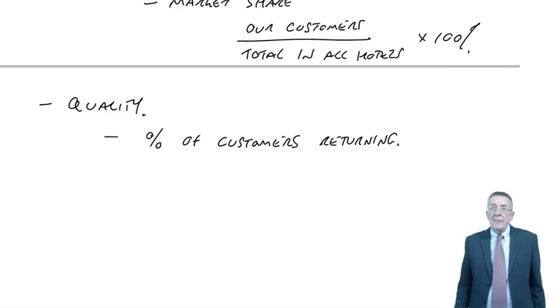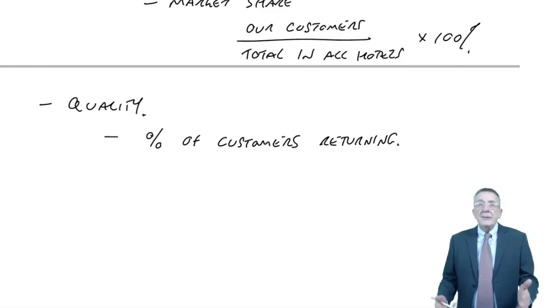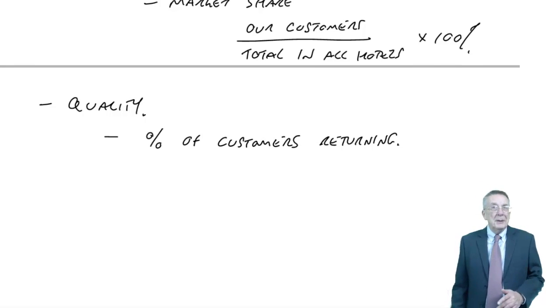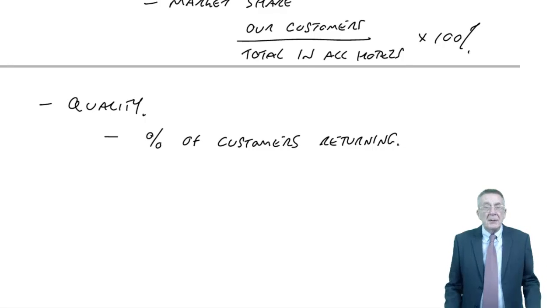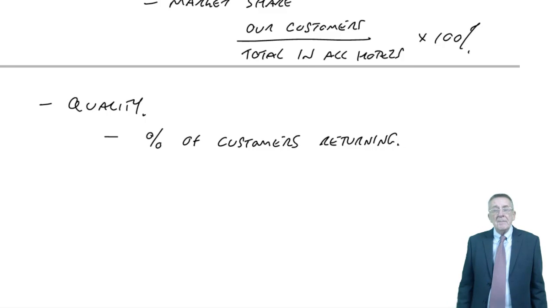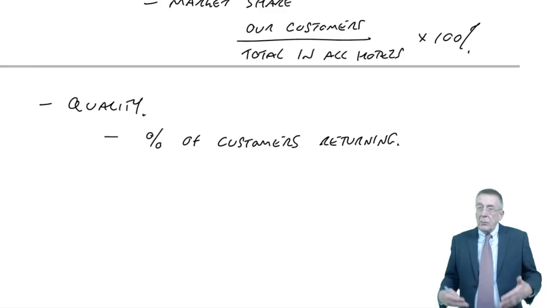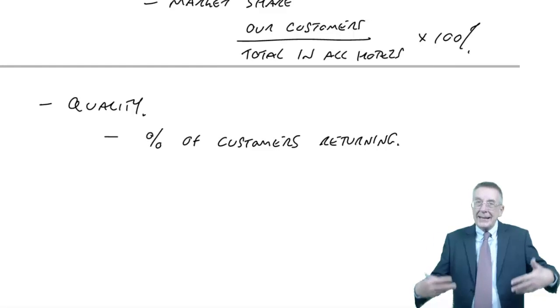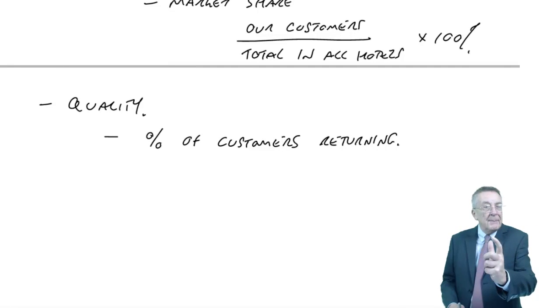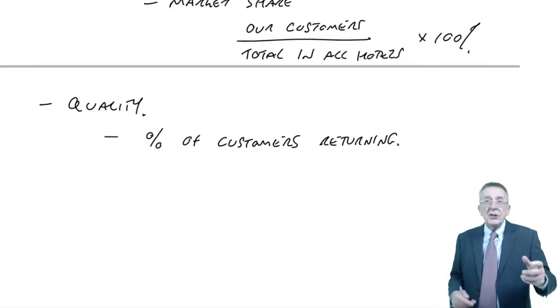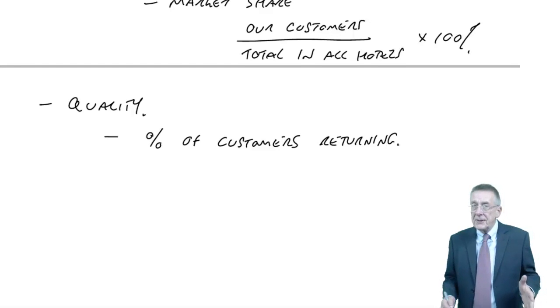On the assumption that if a customer, we're a hotel, remember, if somebody comes back a second time, then presumably it means they were happy with the quality. And so if we could measure what percent of people came a second time, we could put a number on it, and we could compare this year with last year and see if it's better, see if it's worse.